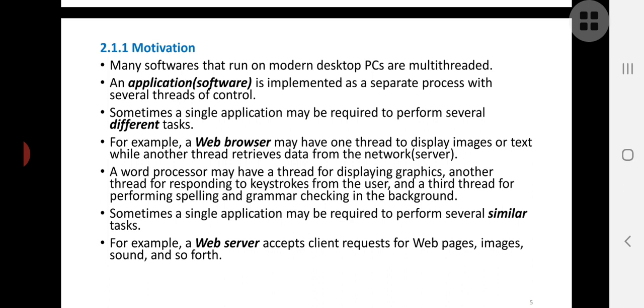And one more example is a word processor, or you can consider Microsoft Word. In that application, one thread is busy displaying graphics or text, one thread may be busy responding to keystrokes of a user, which come from the user side through the keyboard, a third thread may be busy performing spelling and grammar checking in the background, and a fourth thread may be busy with some other task.